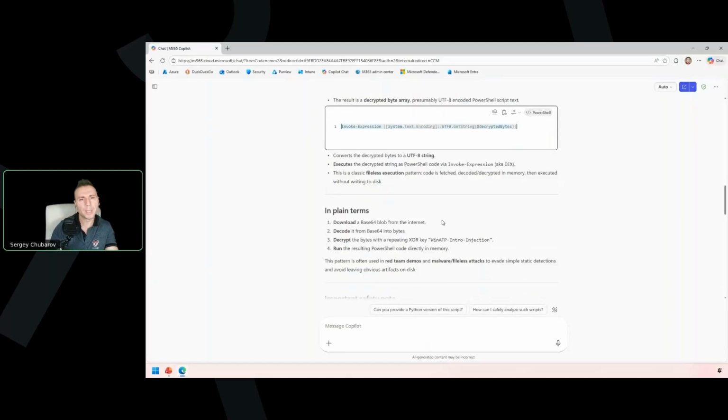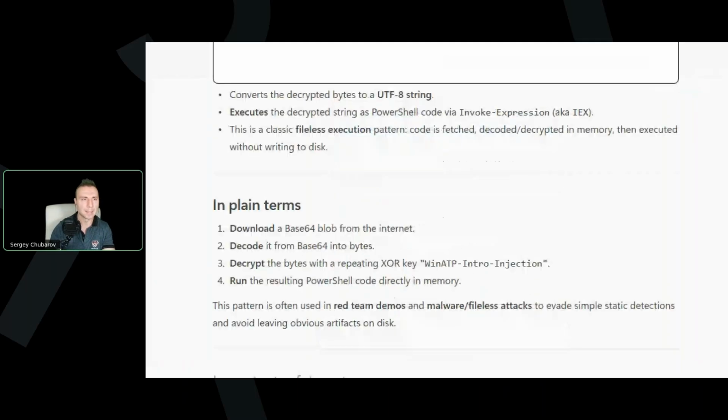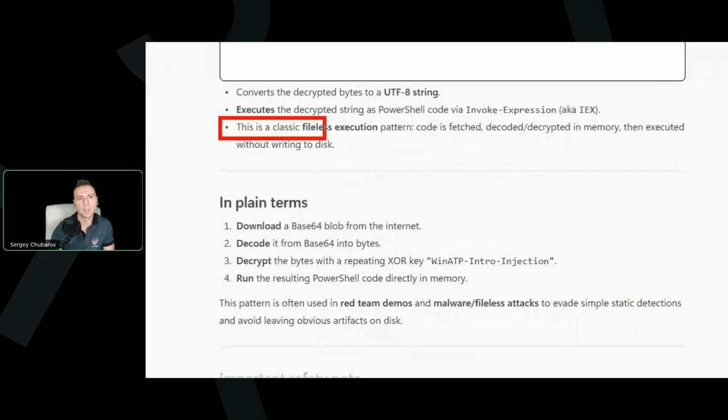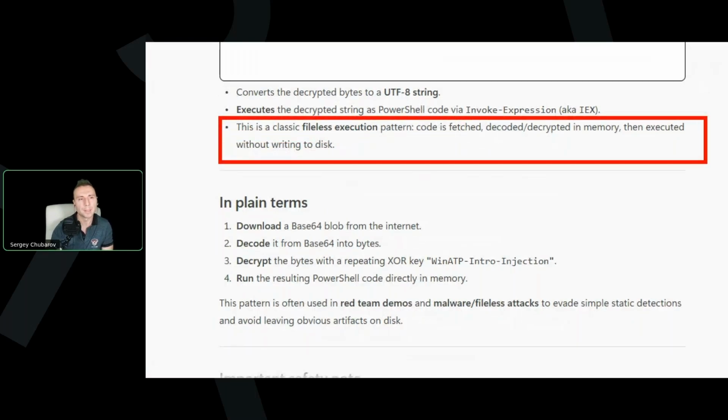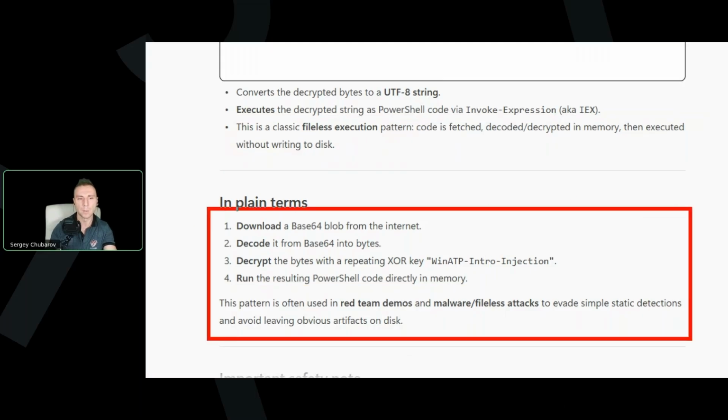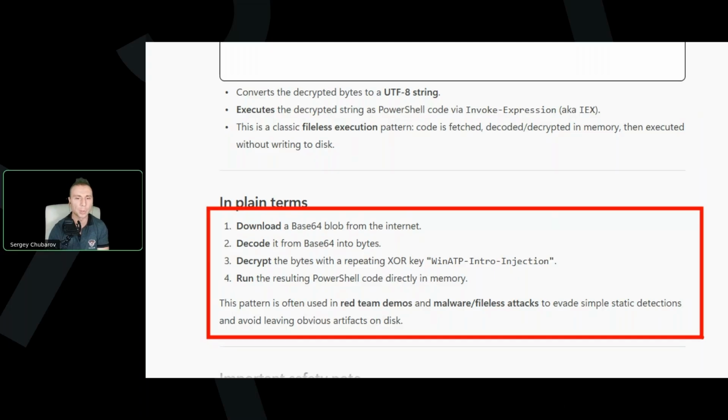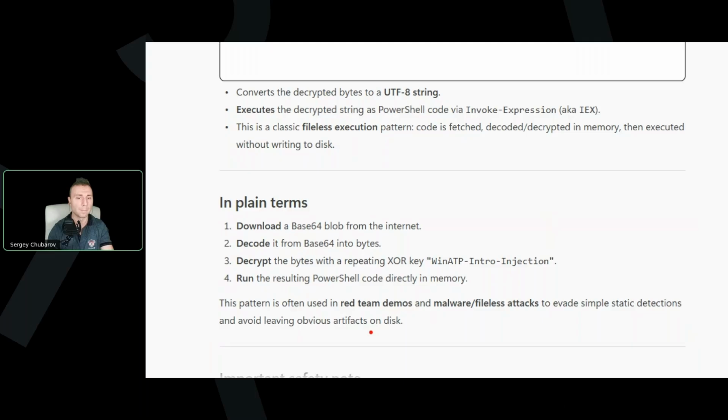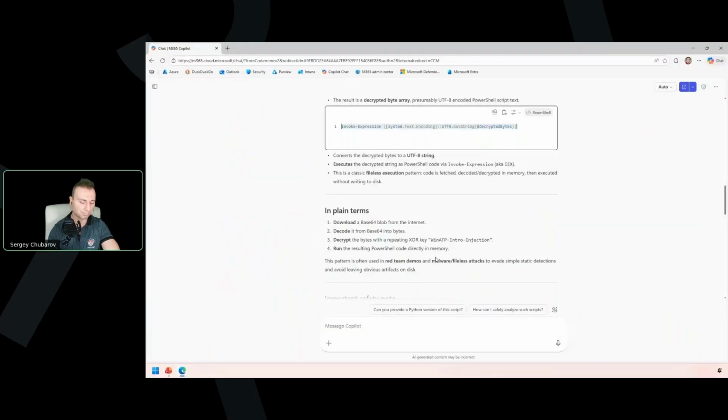So this is a classic fileless execution pattern. Code is fetched, decoded, and decrypted in memory, and then executed without writing to disk. And then it explains again what this command is doing. Of course, it did not run the command, so it doesn't know what exactly will happen, but it looks like some kind of fileless attack where we try not to touch the disk and just download something and execute.